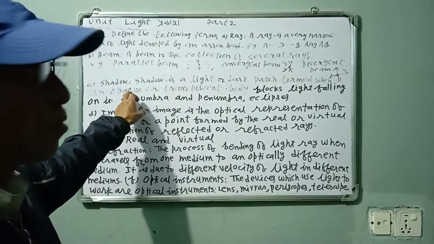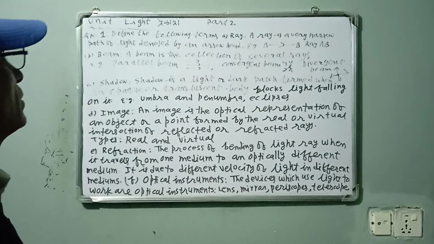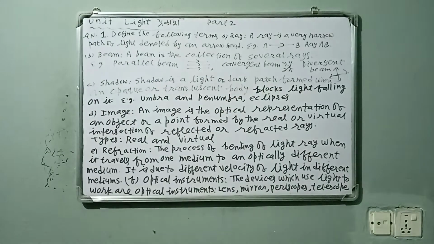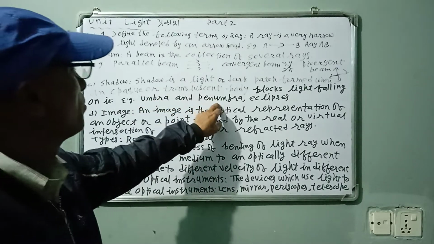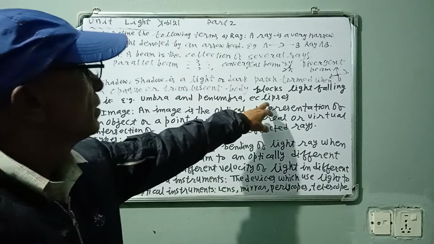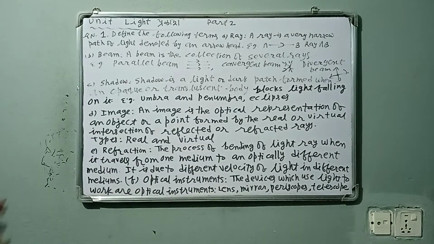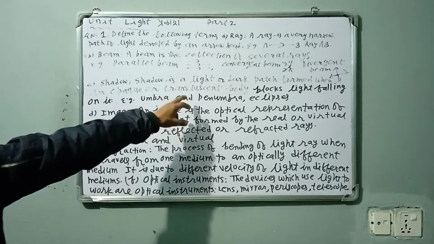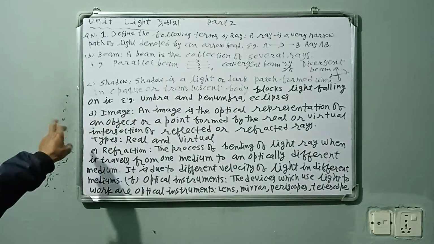Translucent body वा opaque body ले light लाई block गर्दा जुन dark patch form हुन्छ त्यसलाई नि हामी भन्छौं shadow, छाया परेको भन्छौं. Umbra, completely dark. Penumbra, light. Eclipses like solar eclipse and lunar eclipse. Two types of eclipses. The best examples are eclipses, penumbra and umbra.